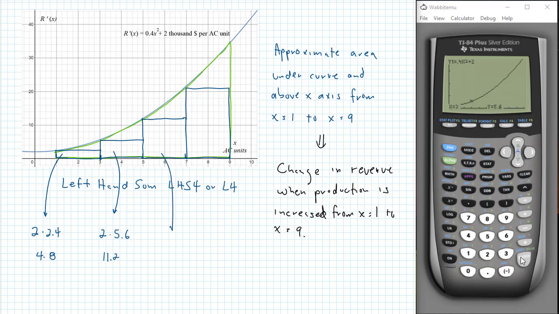Go to the next rectangle, do the same thing. It's going to have our width of 2. And now when I put 5 into the function, it has a height of 12. So 2 times 12 is 24. And now the last rectangle. It has a width of 2, and its height comes from putting 7 into the function.